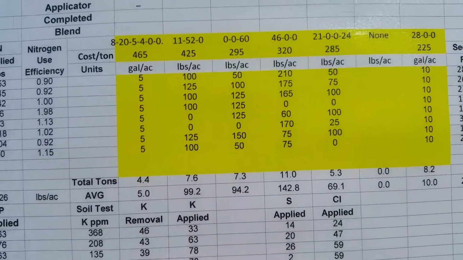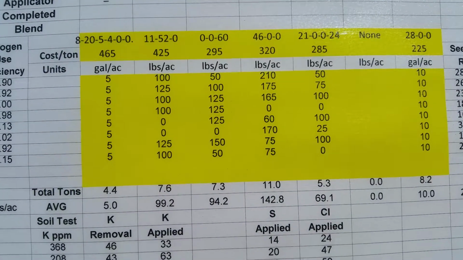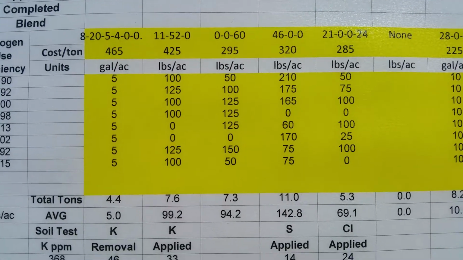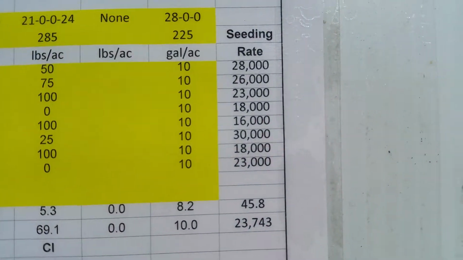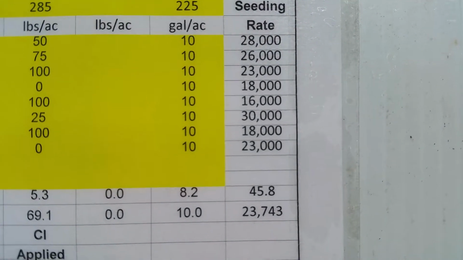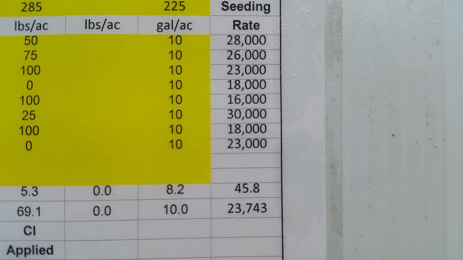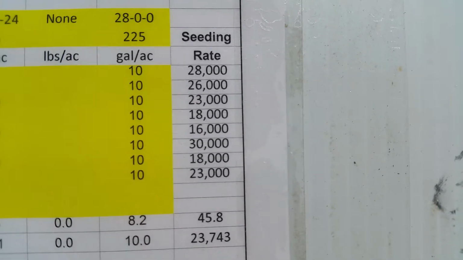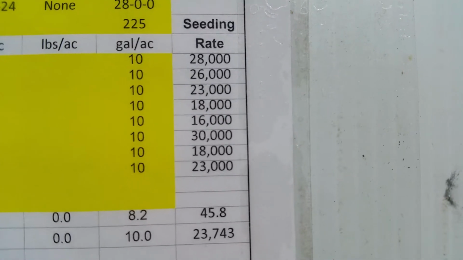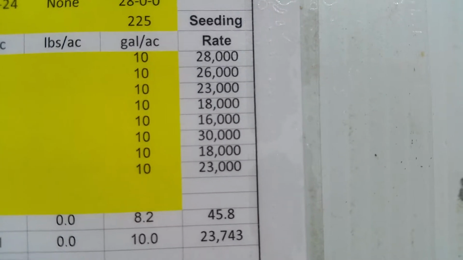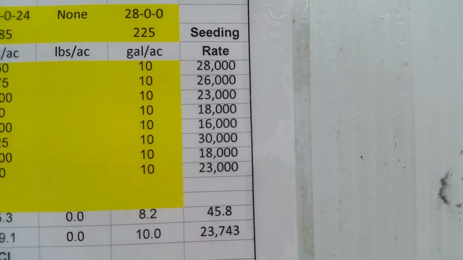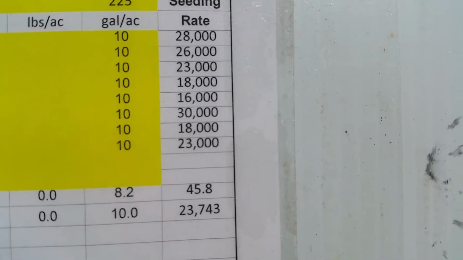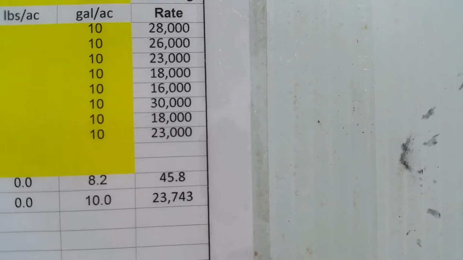And once a plant, particularly a corn plant, develops potassium deficiency, that plant's committed to whatever it's going to achieve on that. Then we come over here. We have 28-0-0 at 10 gallon rate with some herbicide, and then the seeding rate varies anywhere from 16 in that gravel up to 30 in that zone 17. Zone 1 is 28, 2 is 26, those eroded knobs is 23, the salt is 18, the sand is 18, and the subsoil salts is 23.